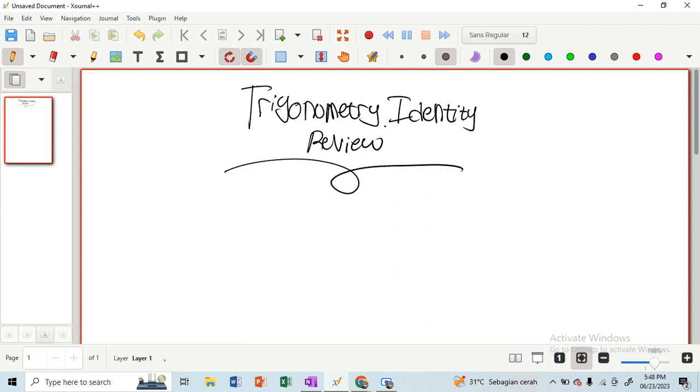Much of the proofs you can find on Google. So I think it would be time-consuming if we discussed each identity followed by its proof. So I will not include the proofs in the video.